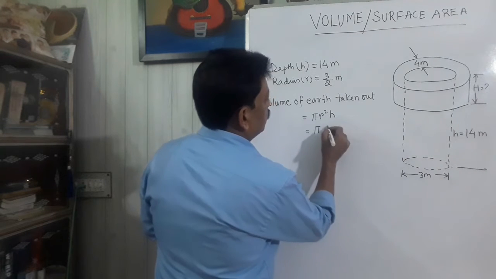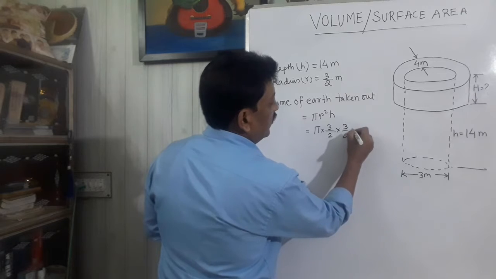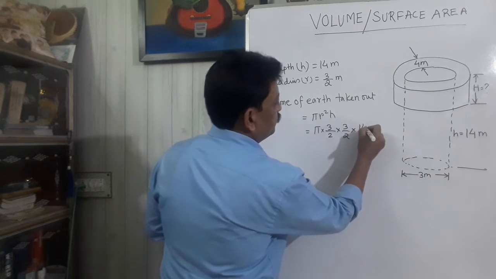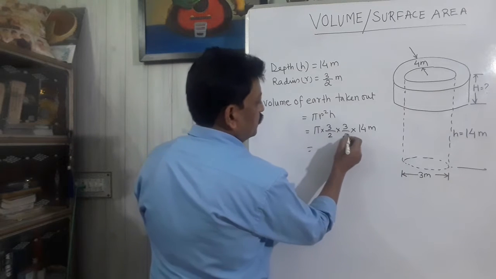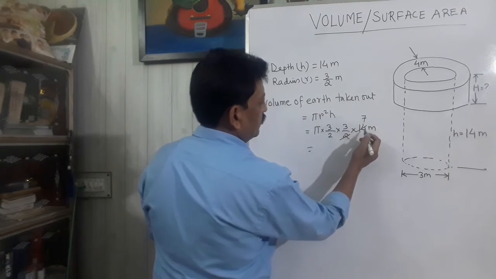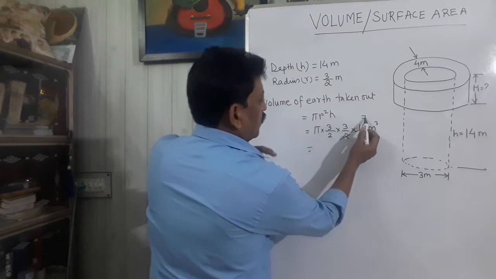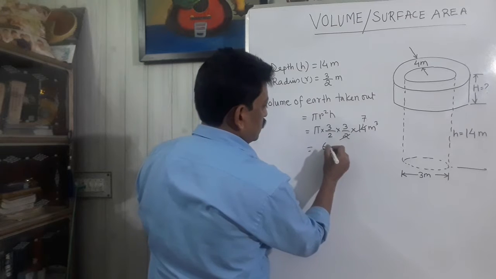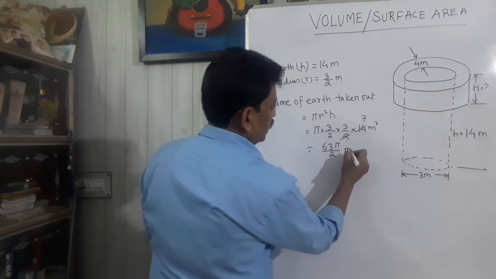r is 3 upon 2 into 3 upon 2 and h is 14 meter. So here 2 will be cancelled, 7, so it will be 63 pi upon 2 meter cube.